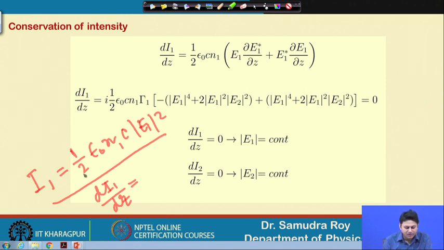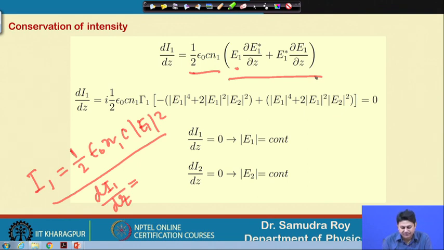Half epsilon 0 n1 c is a constant term, so it will not change. Then for mod of E1 square, we have to take a derivative with respect to z, and if we do that, we will find it is E1 del E1 star del z plus E1 star del E1 del z. So, this is a standard form.